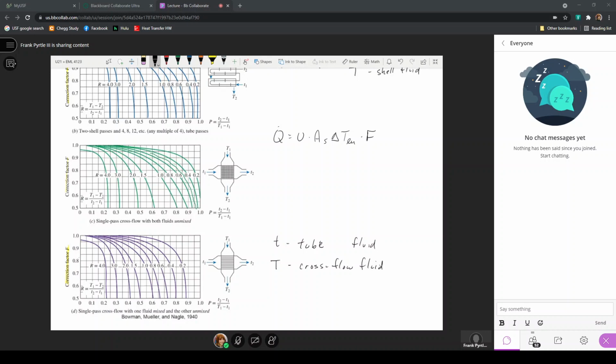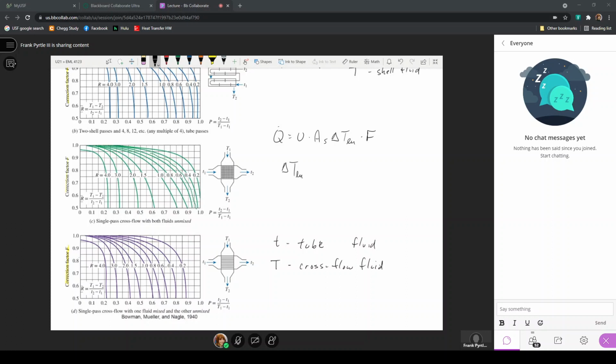So here, let's say, just considering this cross flow heat exchanger where both fluids are unmixed, we still have two outlet temperatures and two inlet temperatures, but the delta T's for the log mean temperature difference are based on a consideration of the fluids flowing like they were flowing through a counterflow double pipe heat exchanger.